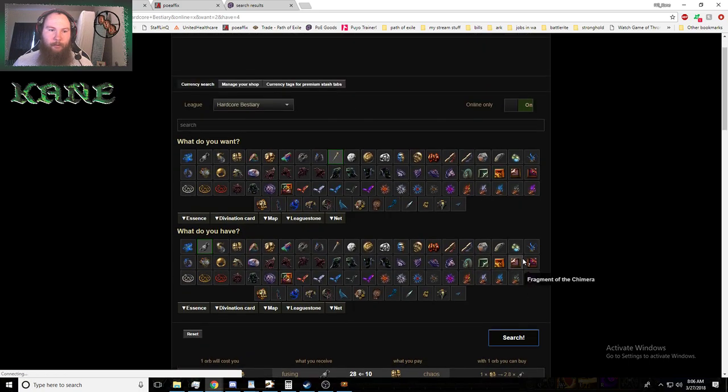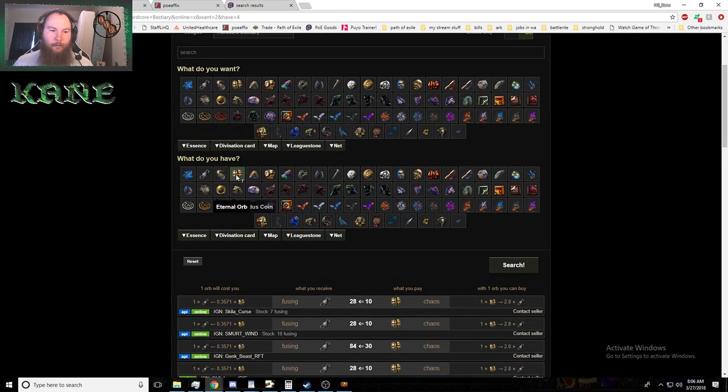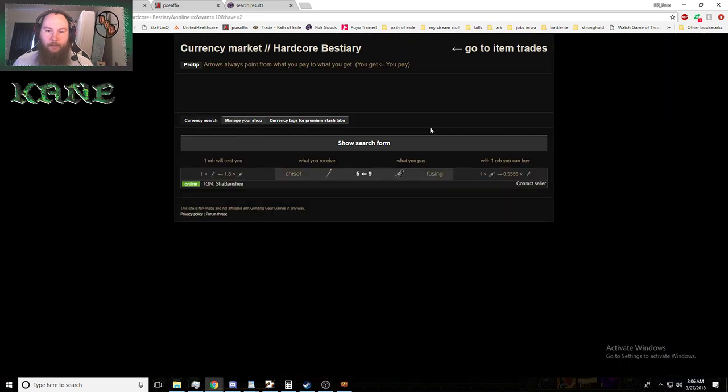Oop, it's breaking on me. Sometimes this happens. 3 per 1 chaos. So now you're seeing that for 3 chaos, you can have about 9 fusings. So 5 of these is costing you 3 chaos.